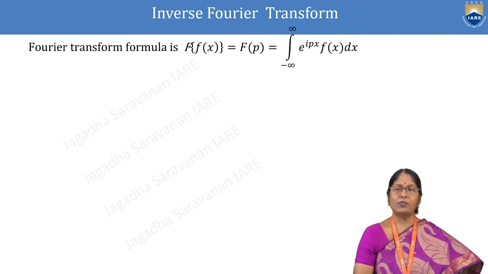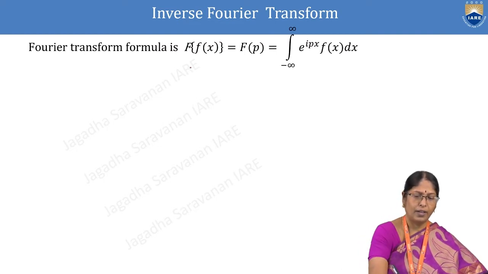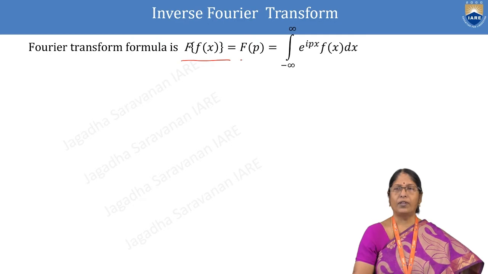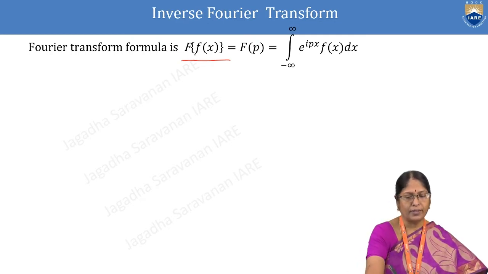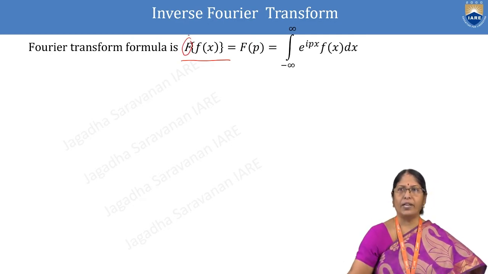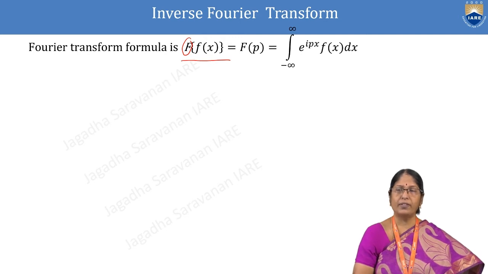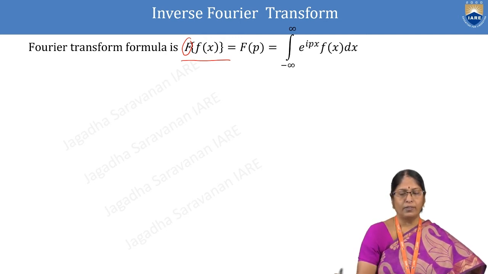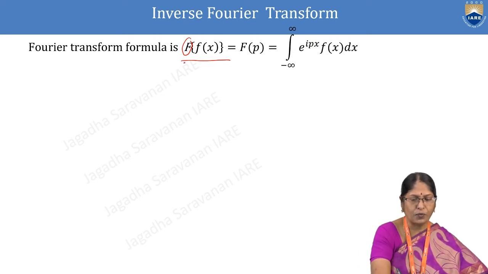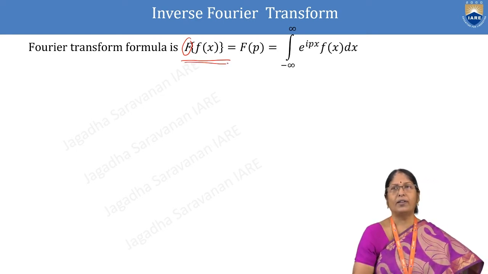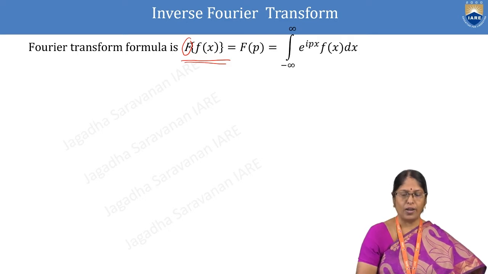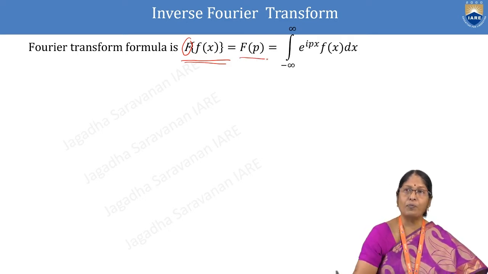The Fourier transform formula is capital F of x. Capital F represents the Fourier transform, which is how we have to read it: the Fourier transform of the function f of x, otherwise written as f of p.